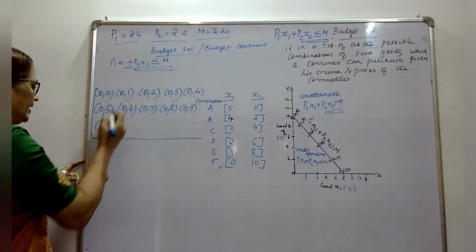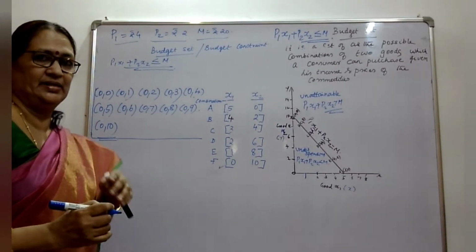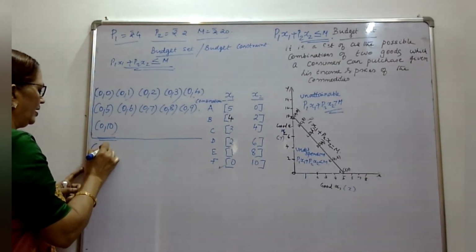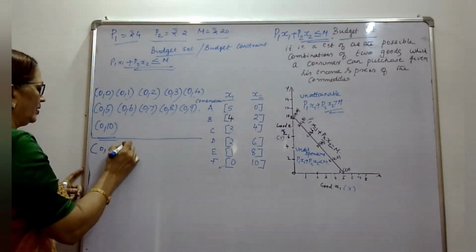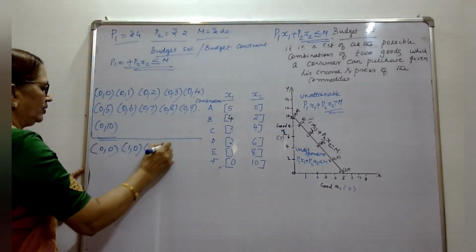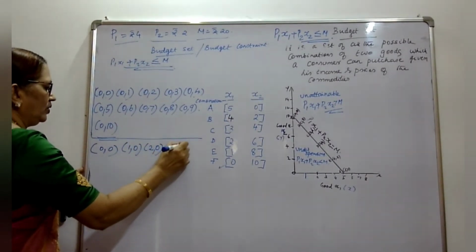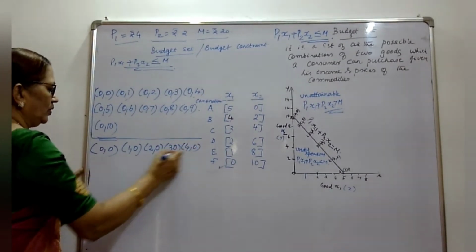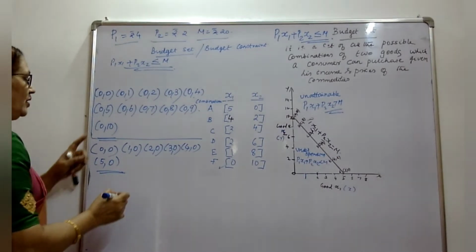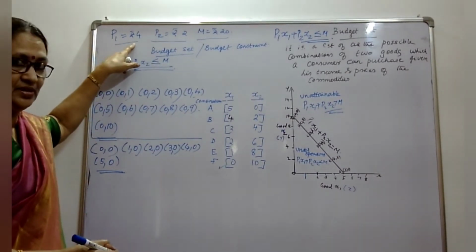Okay, we will check the other way. If the consumer is spending his entire income on X commodity: 0, 0; 1, 0; 2, 0; 3, 0; 4, 0 and 5, 0. Why? Because the first commodity is 4 rupees.